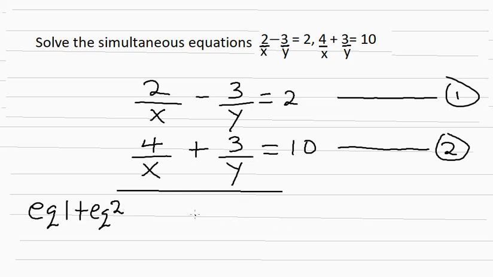So let's add. This is going to be 2 all over x plus 4 all over x. I know very well that minus 3 all over y plus 3 all over y is 0. So y is eliminated. Then 2 plus 10.